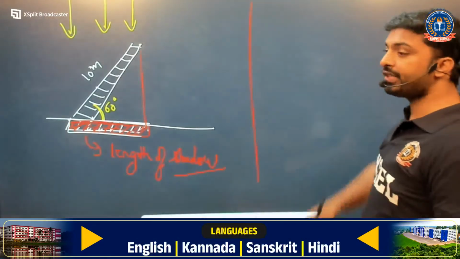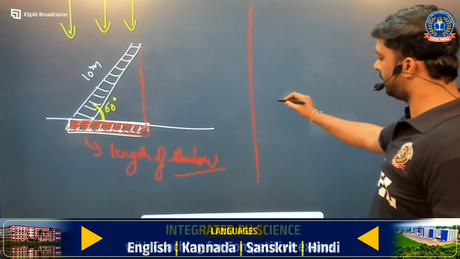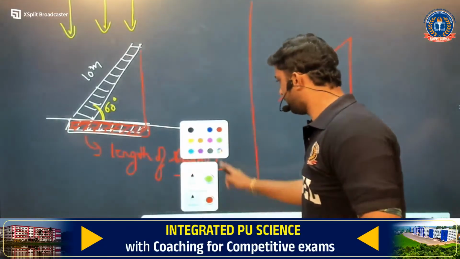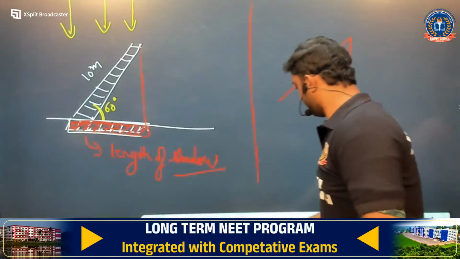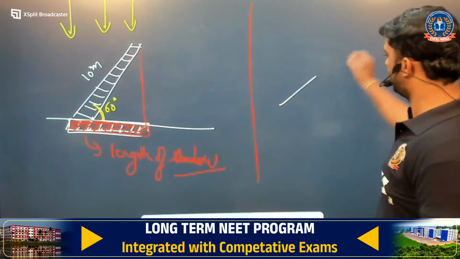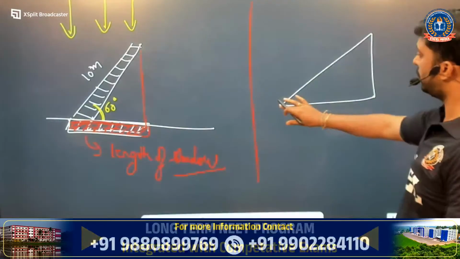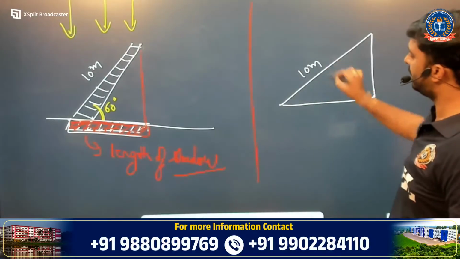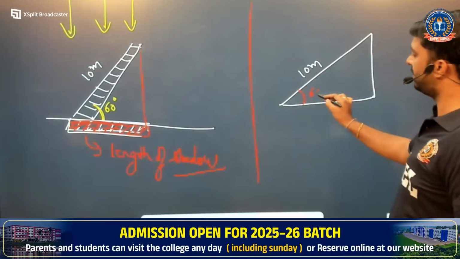Yes, can you see a triangle here? You can see some triangle. Okay, so this is the ladder. This part will be the ladder. What is the length? 10 meter. And what is the angle? 60 degree.